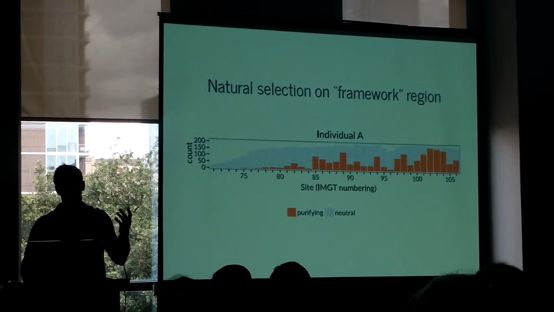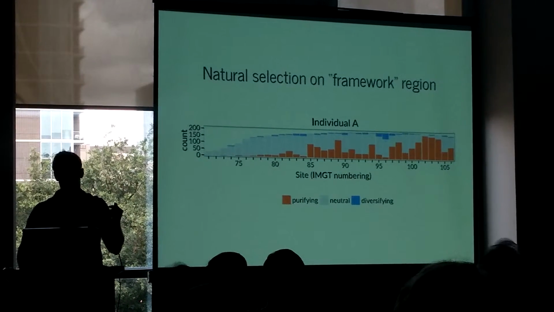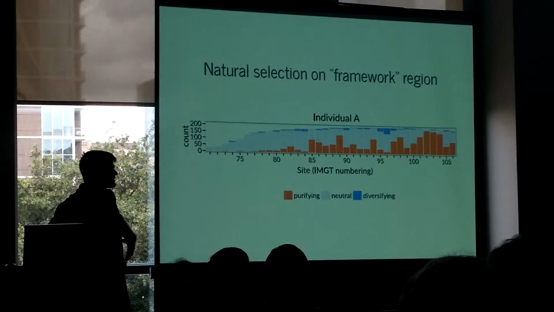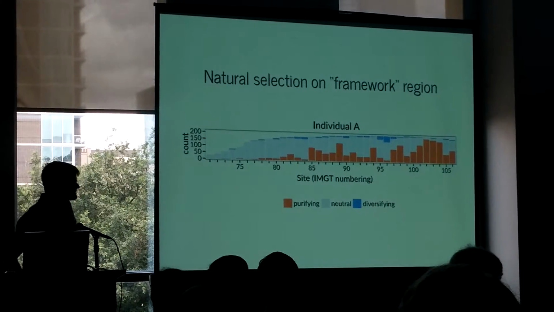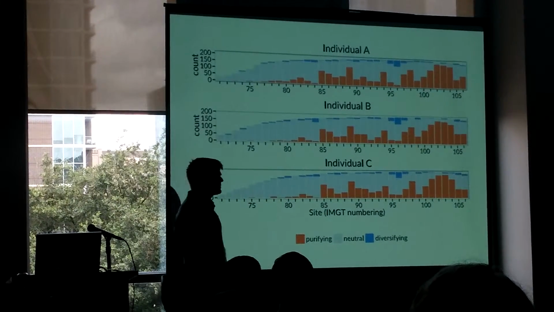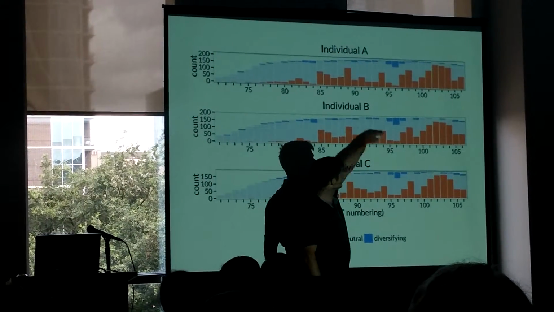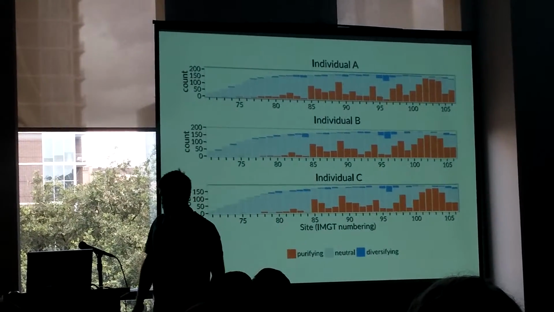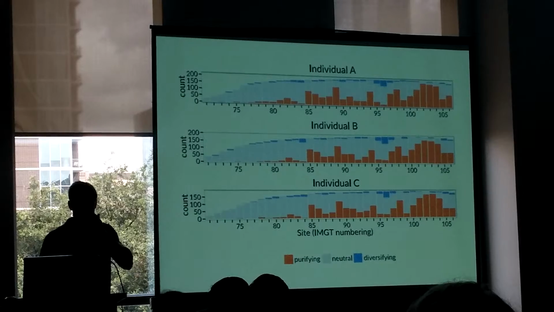We can also detect neutral evolution and also diversifying selection. And so there are cells that are undergoing diversifying selection in this framework region. Again, it's nice to compare between individuals and see a remarkable level of consistency between individuals for these natural selection estimates.